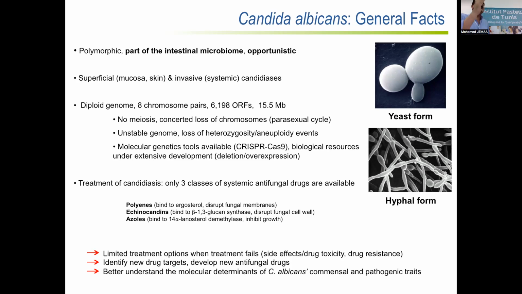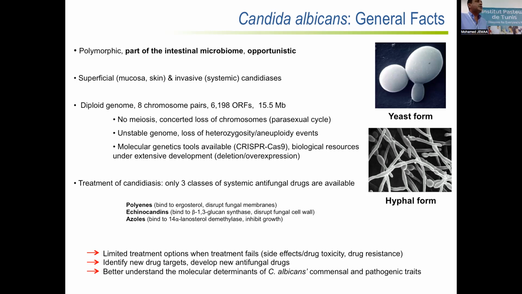And to go from a DNA content of 4N to 2N, you do a concerted and random loss of chromosomes. So this is called the parasexual cycle. It is characterized by an unstable genome with many instances of loss of heterozygosity and aneuploidy events.